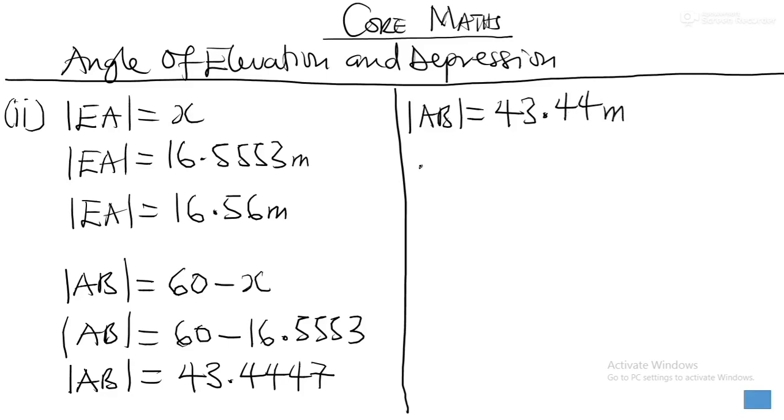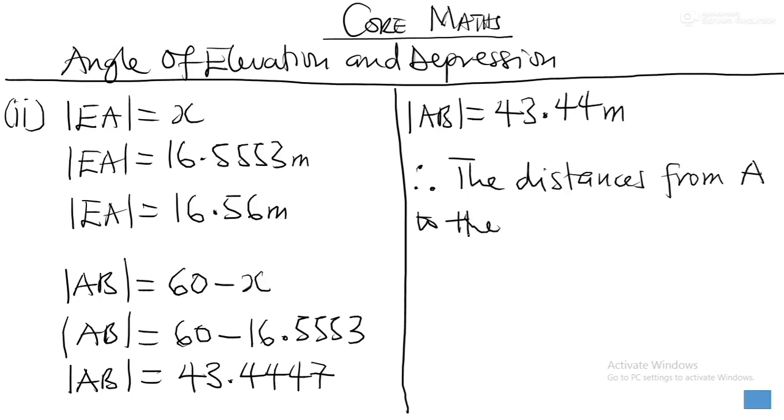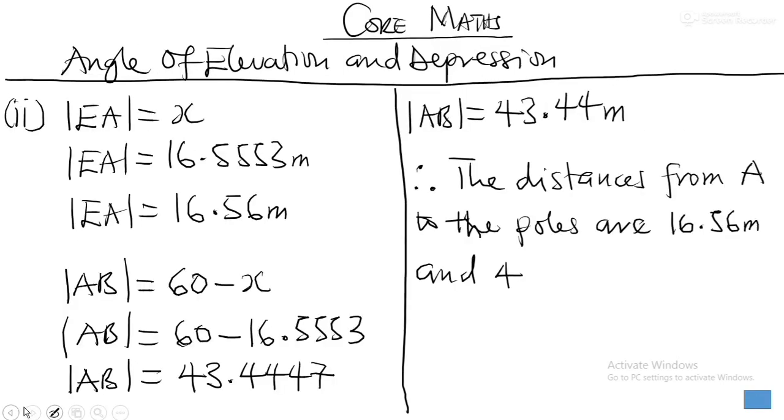43.44 meters. Good. So let's conclude. Therefore, the distances from A to the poles are 16.56 meters and 43.44 meters.